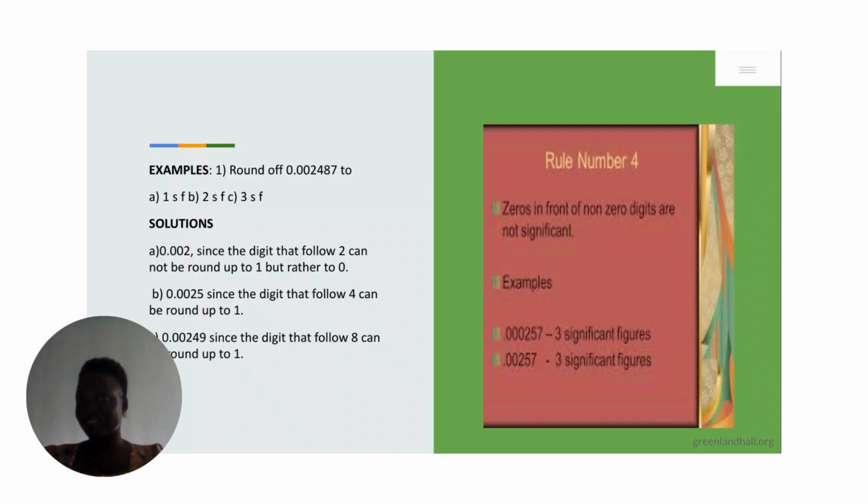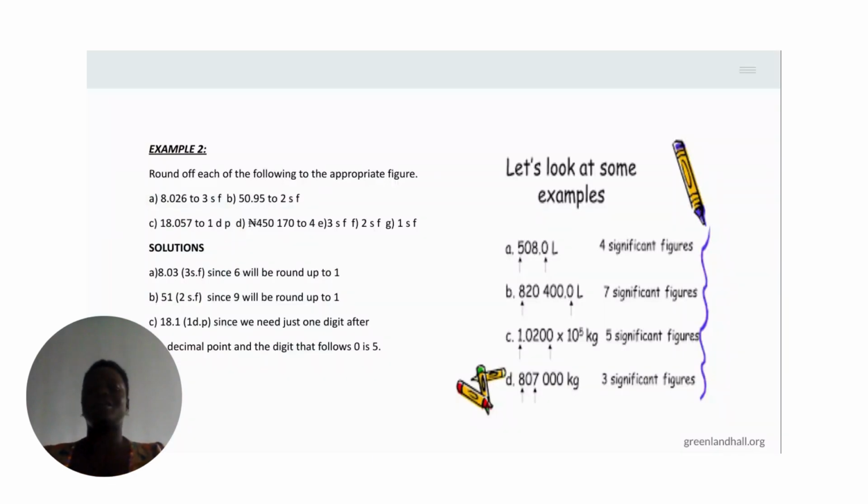I hope you are getting it. Now, C, we are asked to round to three significant figures. Then it's going to be 0.00249. Since the digit that follows 8 can also be rounded up to 1, we add it to the 8 and it gives us 9.